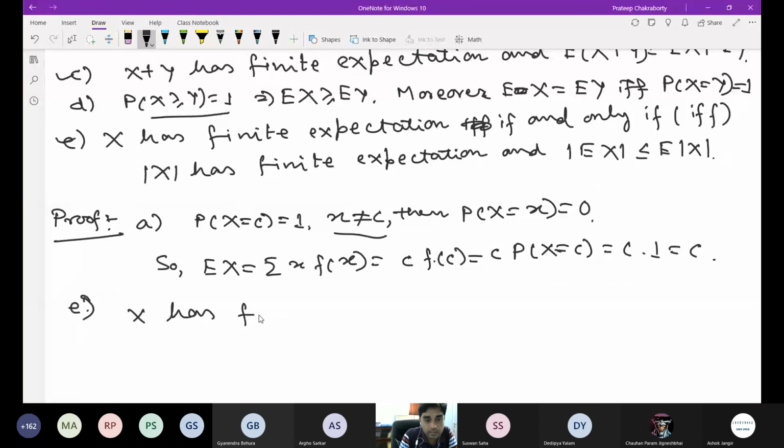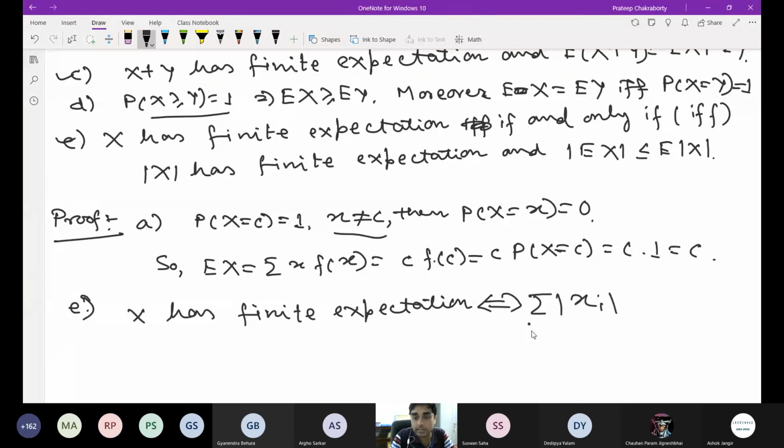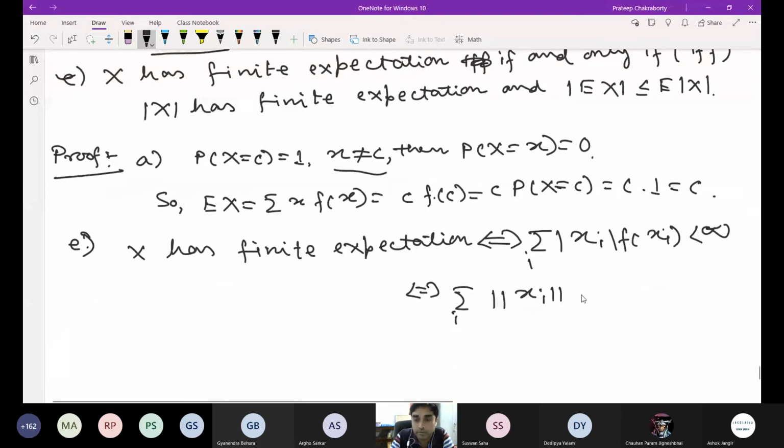X has finite expectation if and only if summation |xi| f(xi) is finite, if and only if summation of |xi| f(xi) is finite, and this implies |X| has finite expectation.